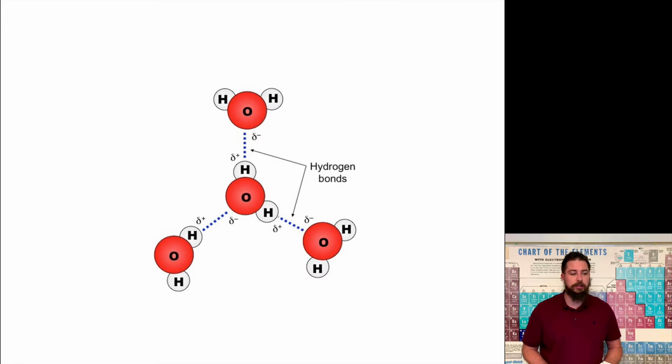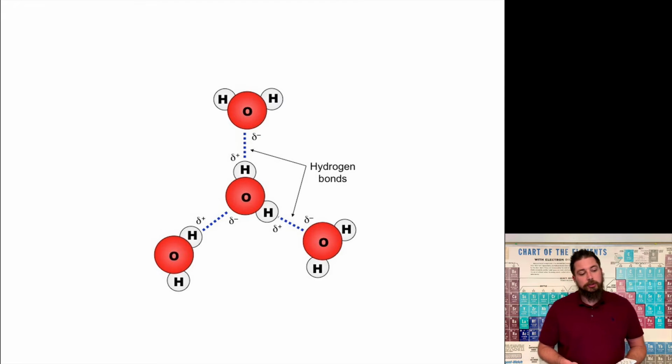Water is a great example of hydrogen bonding. Notice how in H2O, the hydrogens are covalently bonded with the oxygen, but the hydrogen bond is actually the attraction of one hydrogen with a different water molecule's oxygen.